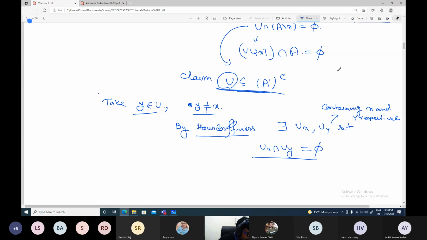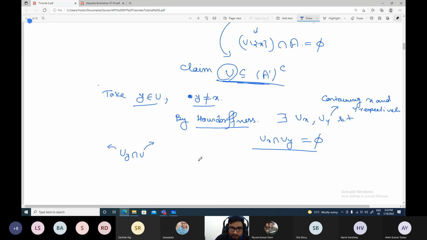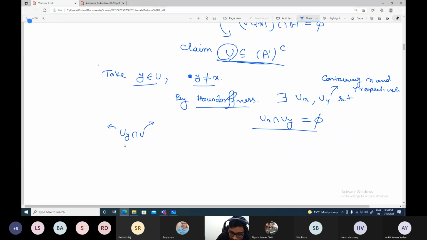Now take UY intersection U. UY is an open set and U is an open set, right? Yes, sir. Therefore their intersection is open. This intersection does not contain X.